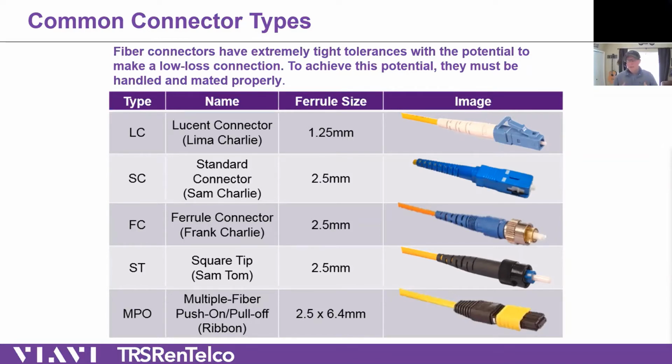Then the bottom one. This is the MPO or MTP connector. The difference is the 4 above it, those are all single fiber connectors. 1 connector, 1 fiber. MPO, 1 connector, 12 to 24 fibers, all housed in the same size as the SC connector, 2.5, right? The 2.5 millimeter connector, second from the top.